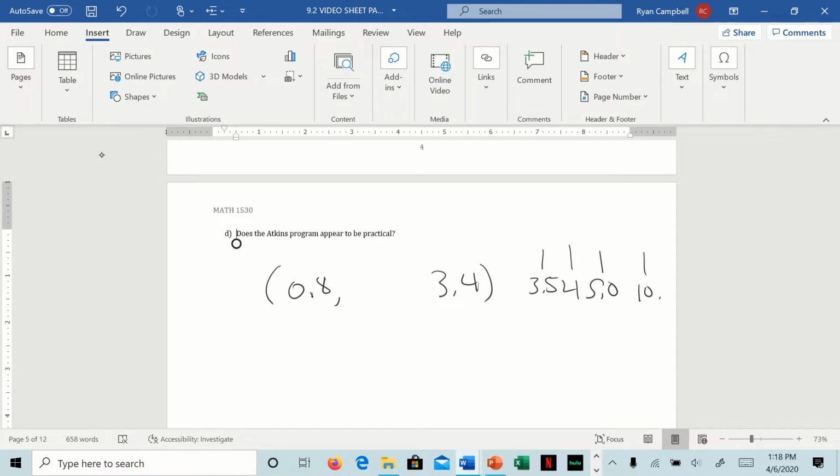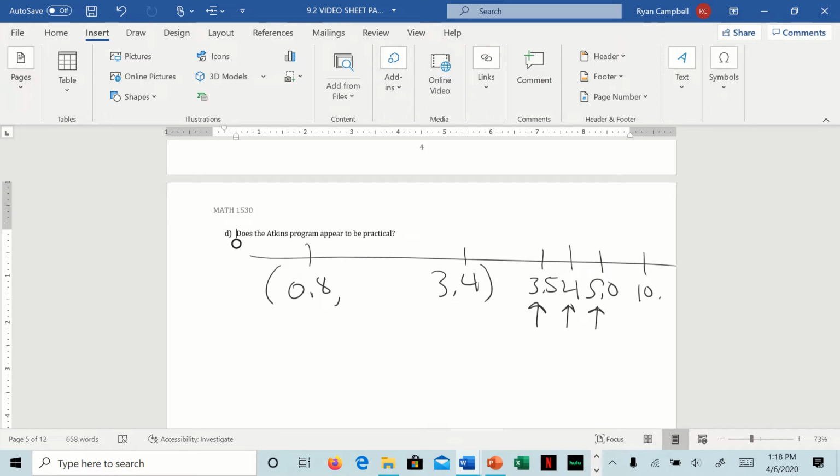If you spent a year on this diet, can we safely conclude you will lose less than 3.5 pounds? Yeah, because all the numbers in the entire confidence interval are below 3.5 pounds, below 4 pounds, below 5 pounds. So we can safely conclude that you're going to lose less than 5 pounds, for instance.